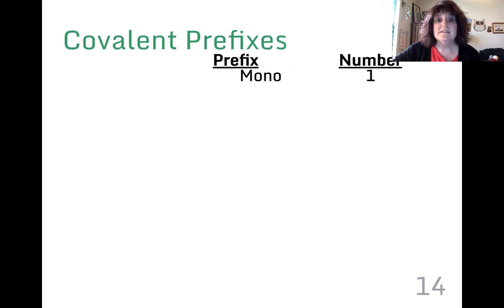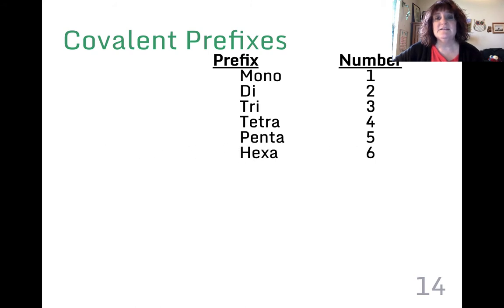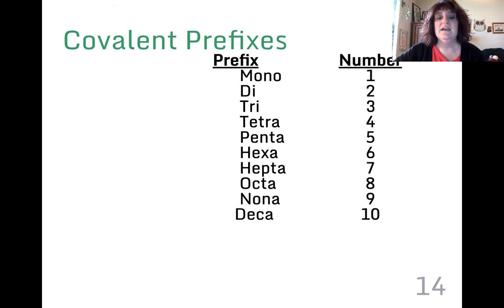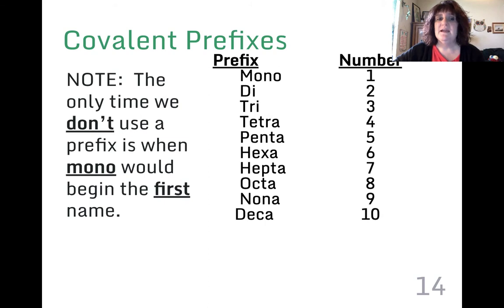Your prefixes are mono means 1, di is 2, tri is 3, tetra is 4, penta is 5, hexa is 6, hepta is 7, octa is 8, nona is 9, and deca is 10. They're very similar to when you name polygons in math, okay? The only time that we do not use a prefix is if the first name would start with mono. It's okay for the last name to start with mono, but not the first.